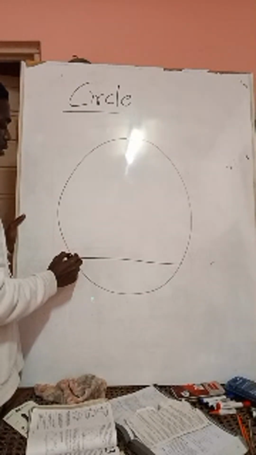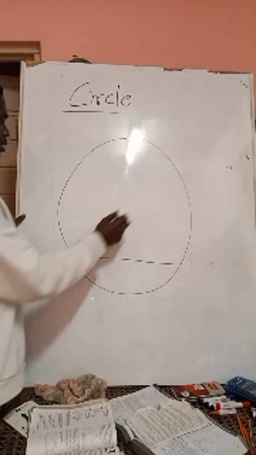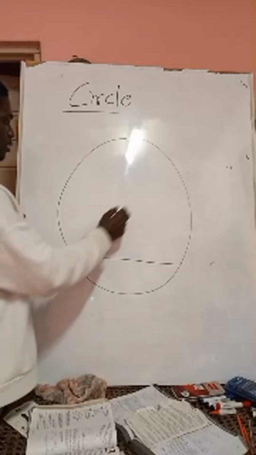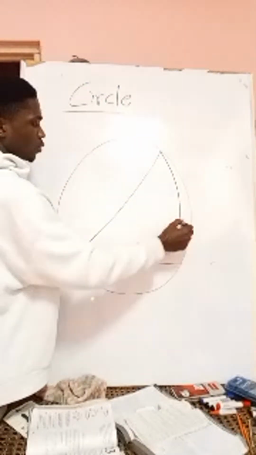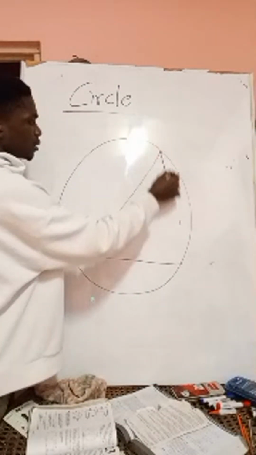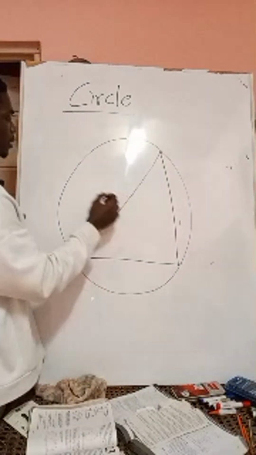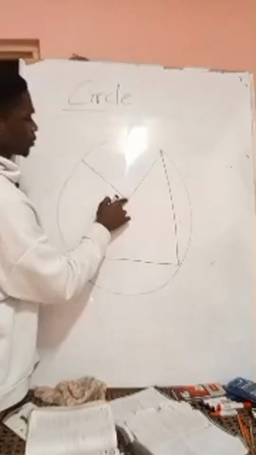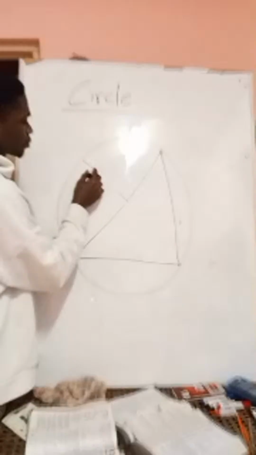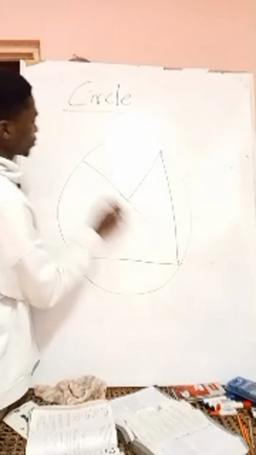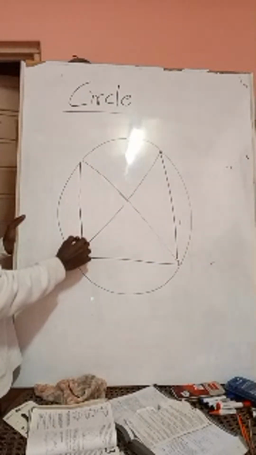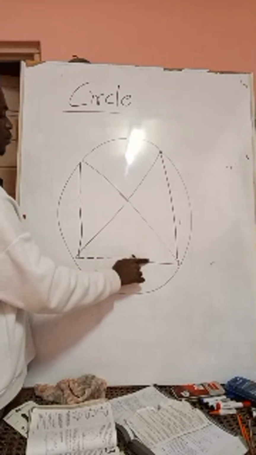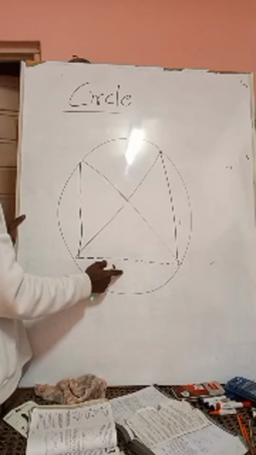So this circle, this chord, for instance, this is the center. When I have a triangle like this, another triangle from here to here. So this is the chord.